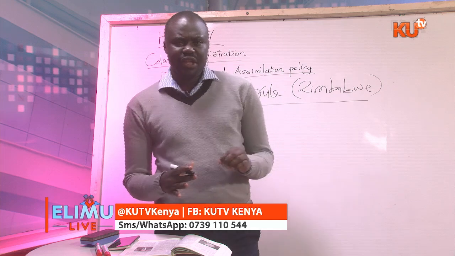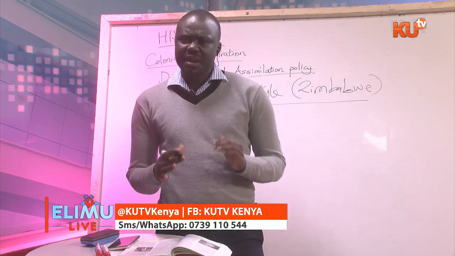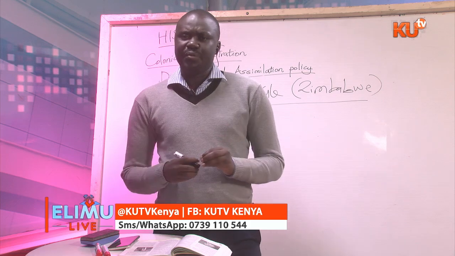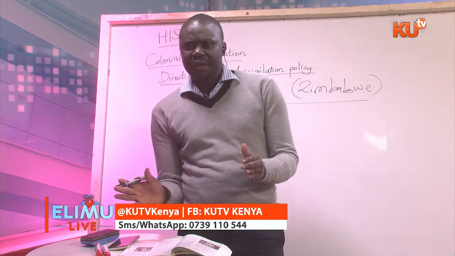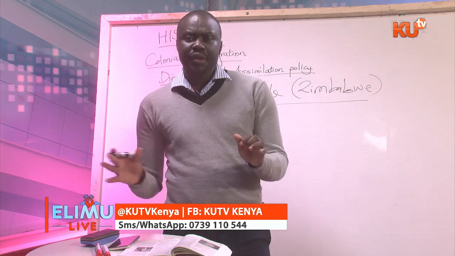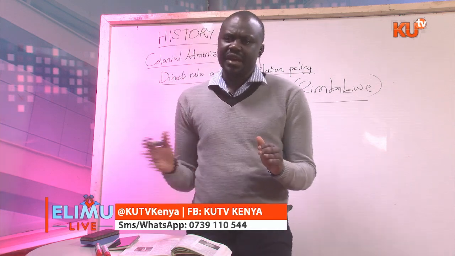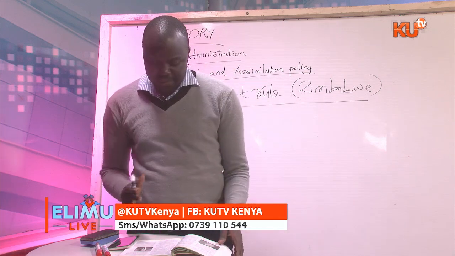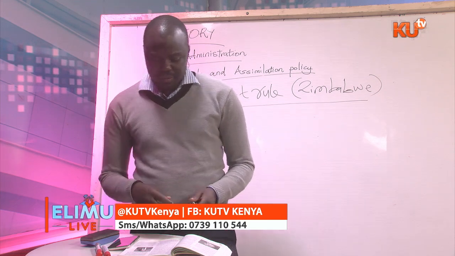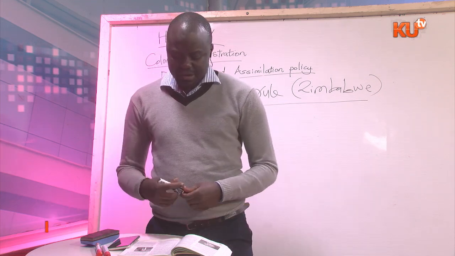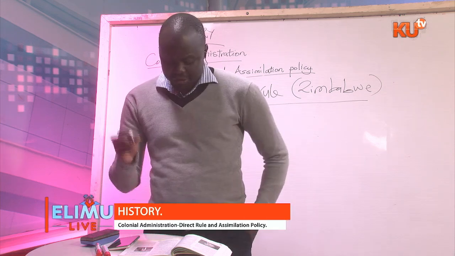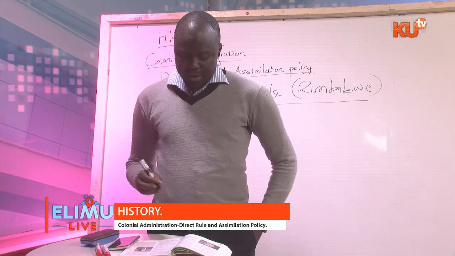Now, slowly by slowly, you are seeing that the imperial British are starting to impose themselves on Zimbabweans, and are slowly but surely sidelining the British South Africa Company. By 1902, the Native Department had been created, yes? And here, a European Native Commissioner was deployed.